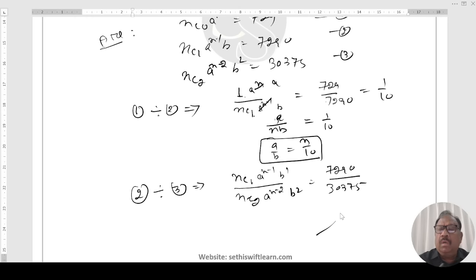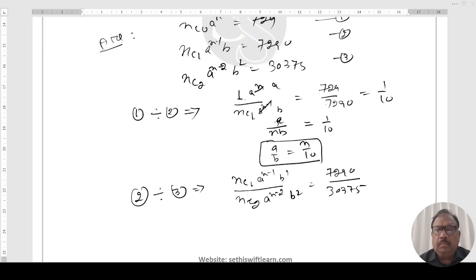Now further to calculate, simplify it. In the lowest possible form, this comes out to be 6 by 25.